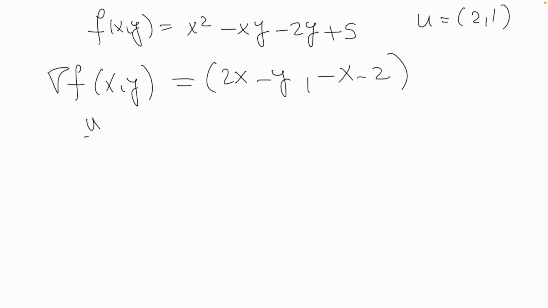And the unit vector is (2 divided by the square root of 5, 1 divided by the square root of 5).